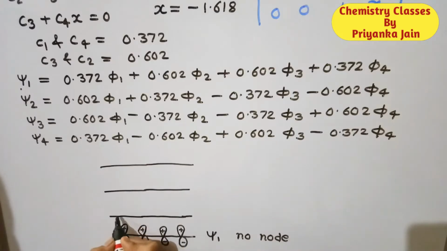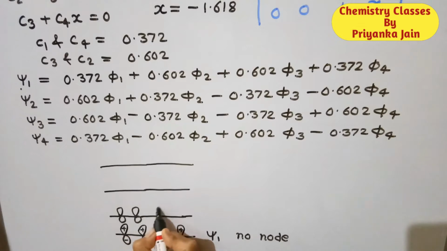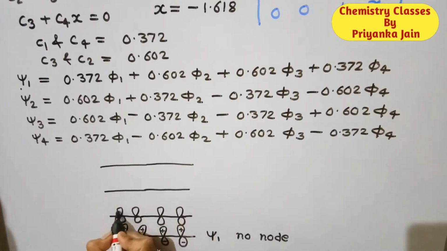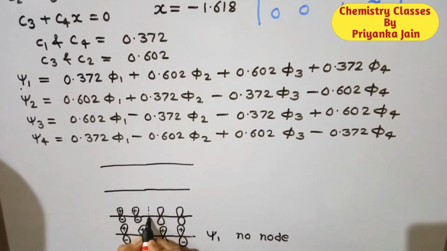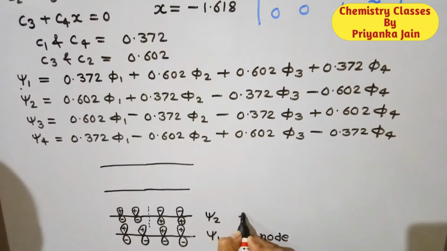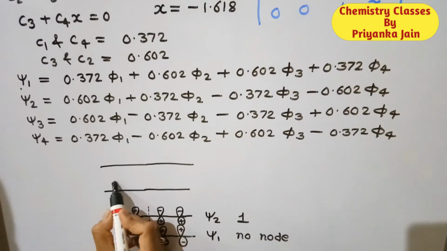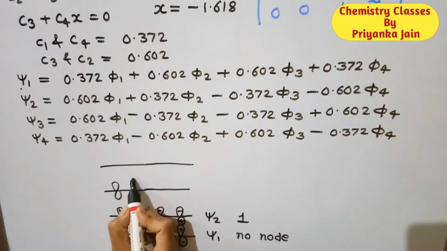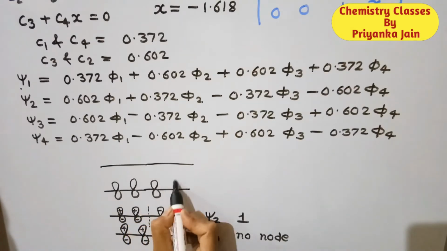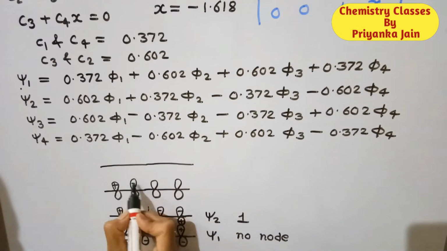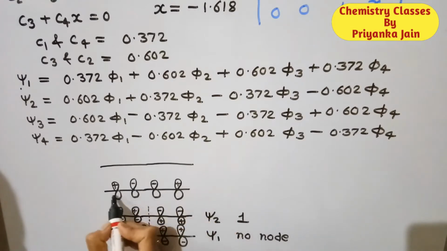And then this one will have 1 node. I have already told you about this in my videos on pericyclic reactions, so you can see those videos also. So here the sign is changing, so this will be negative and this will be positive. This is psi2 with one node. And in this case this will be positive, these negative, and this positive.